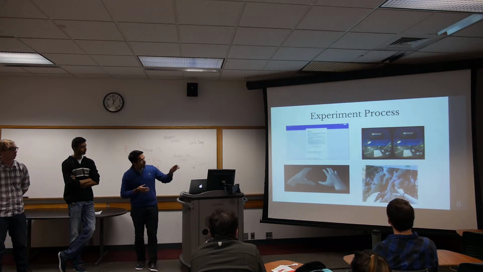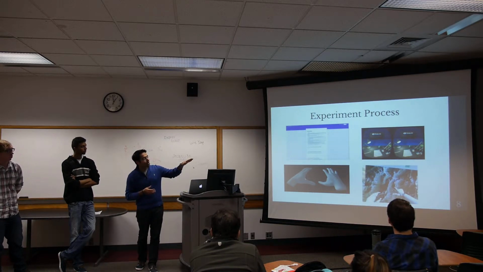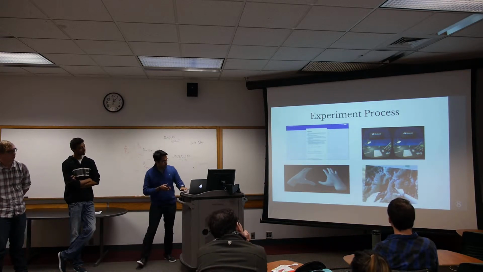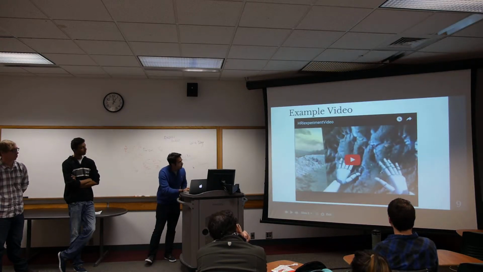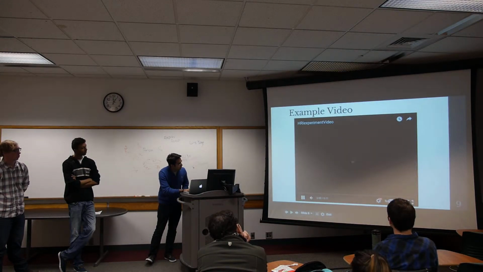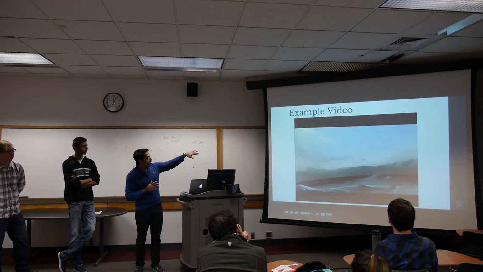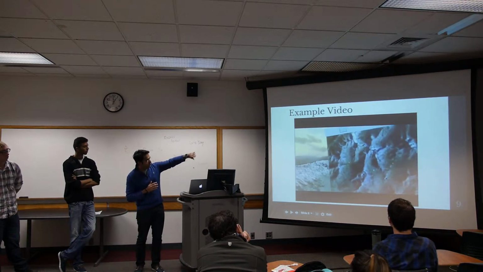So on the top right, this is the introductory environment I was talking about, the tabletop with some objects on it. On the bottom right is the actual environment. This is a short video from one of the participants. So this is the actual environment, and we have overlaid it with a 2D GUI.